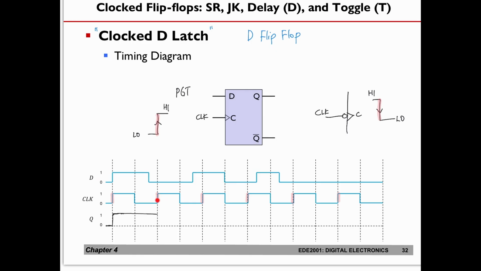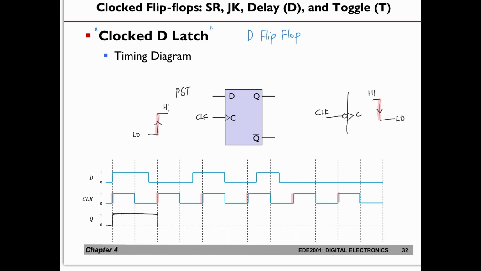At the next moment where the clock is going from low to high, the D flip-flop is enabled. At this moment D goes to a 0, so what happens to your Q? It will go to a 0. So you reset the flip-flop.